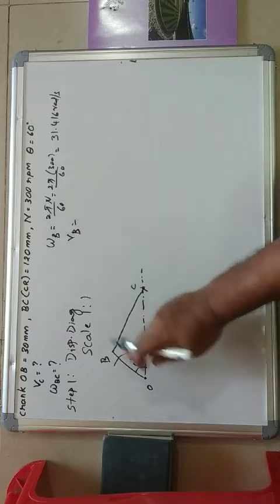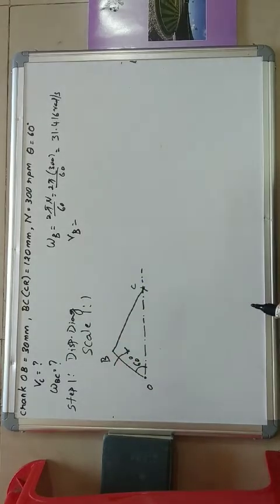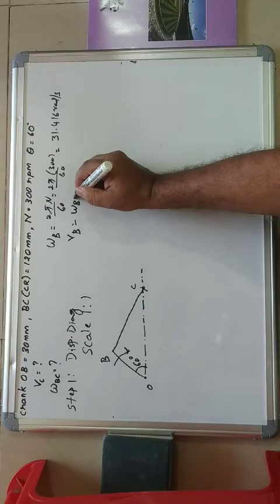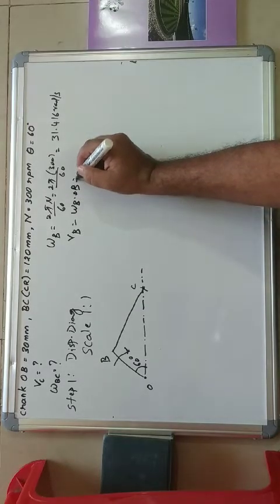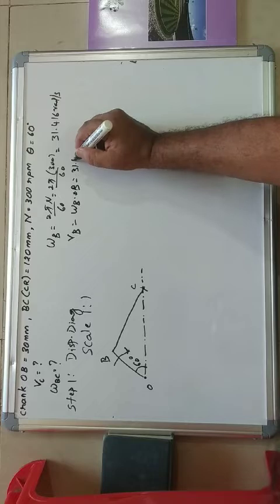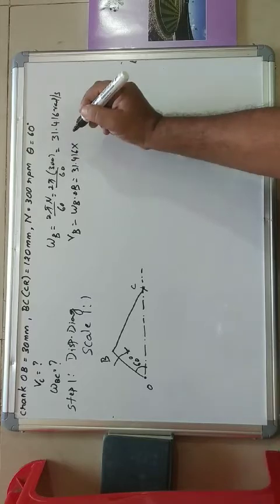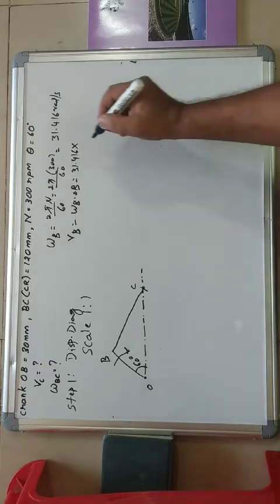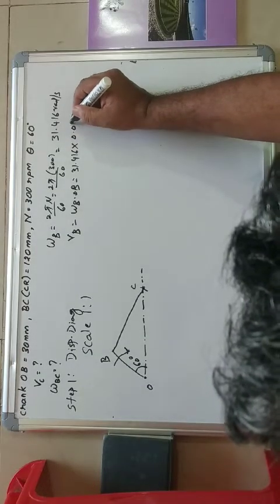R is the length of the link OB, so VB is omega B into OB. Omega B is 31.416, into the length OB, which is 30 millimeters. Converting into meters, it is 0.03 meters.